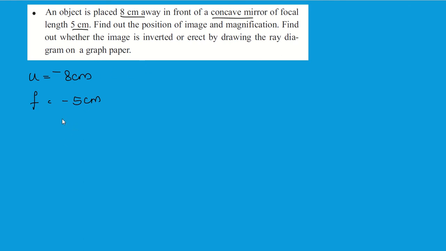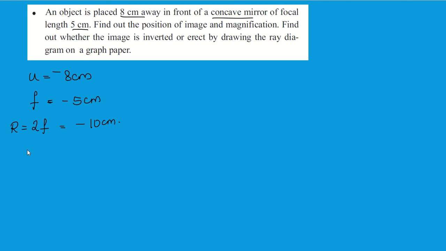So first of all, let's calculate the image distance, right? Otherwise, we can even find out what type of position it is. The object distance is minus 8. Focal length is minus 5. So R is equal to 2 times focal length, that is equal to minus 10 centimeter.